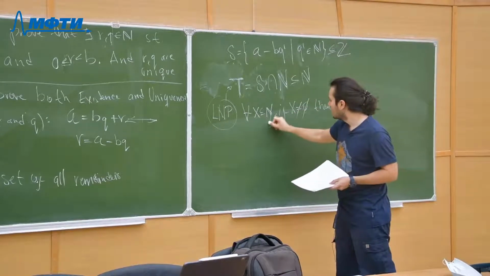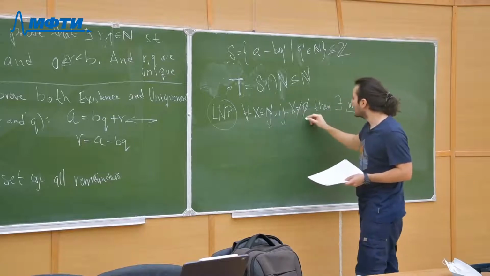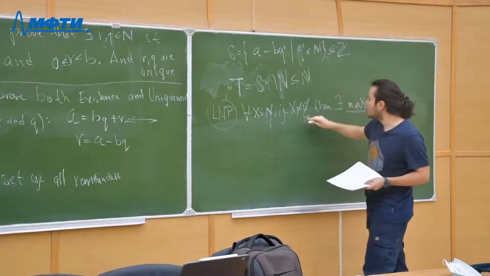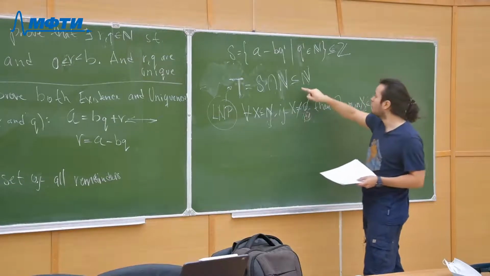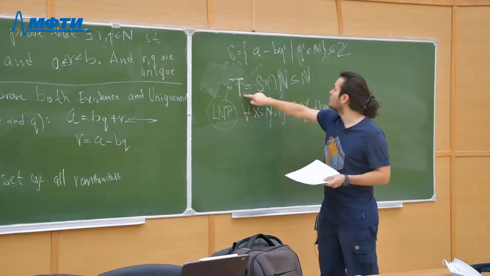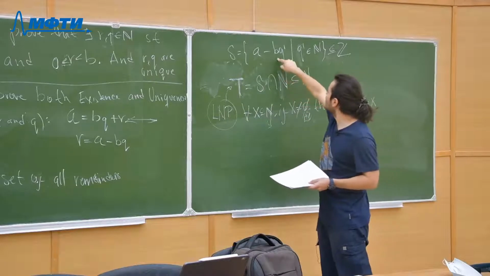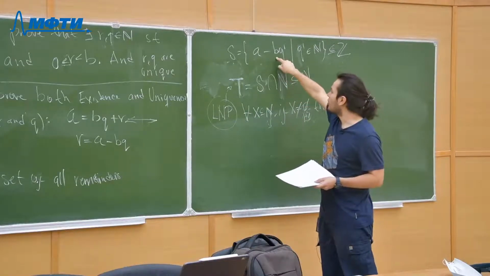We have that T is a subset of the natural numbers. This is checked. Now we have to check that T is non-empty. We have to check that S intersected with the natural numbers is non-empty.